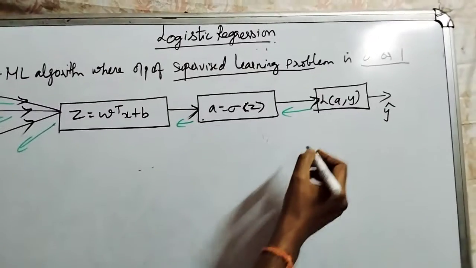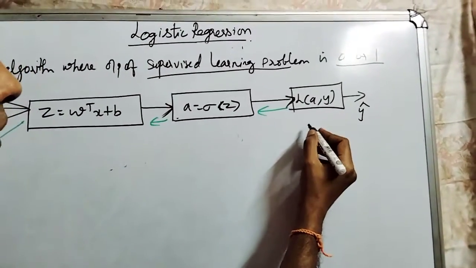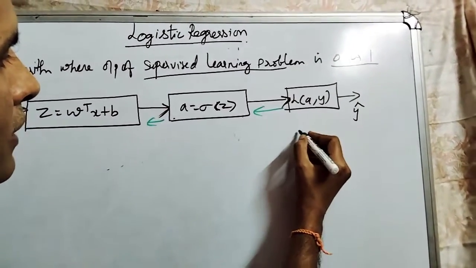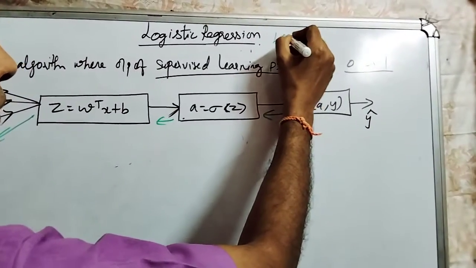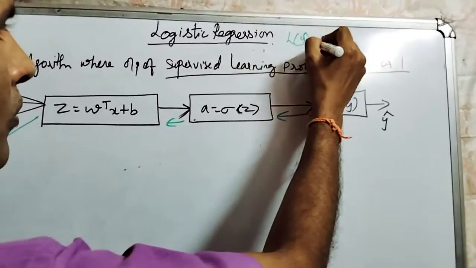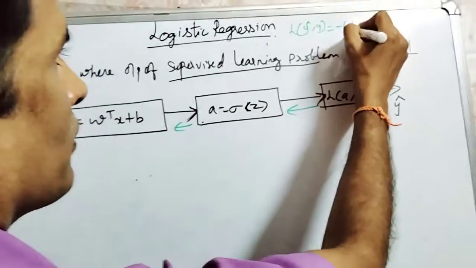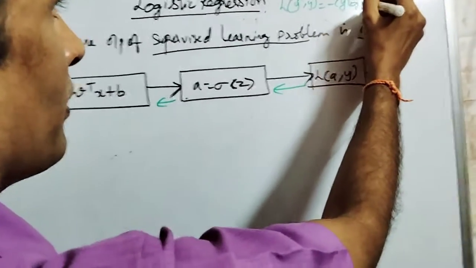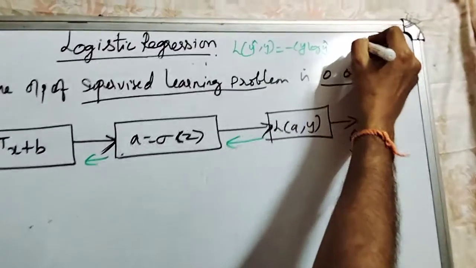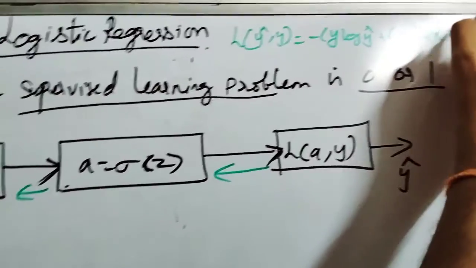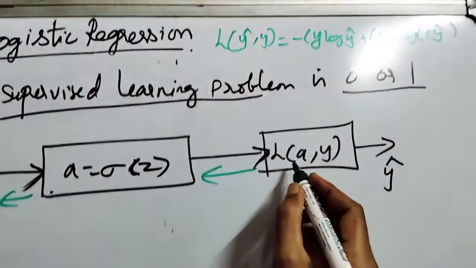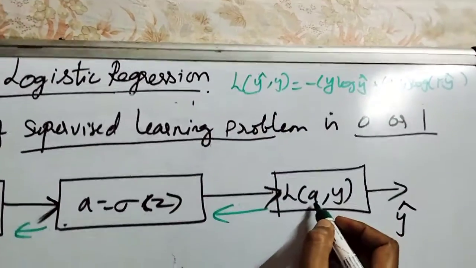In this case, as I have discussed already, we know that L is a loss function which can be represented by L of y hat comma y is equal to minus of y log y hat plus 1 minus y log 1 minus y hat. What I did here is y hat is replaced by a, that's all.